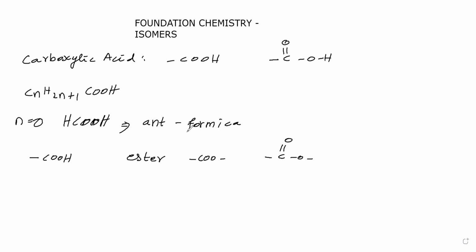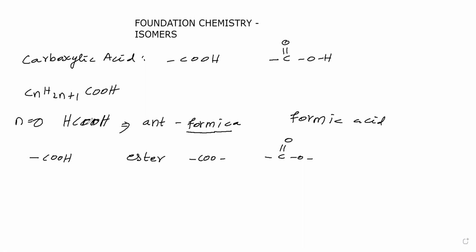From Formica we take form, then we include ic acid. You take the complete formic and include acid, giving formic acid. This common name is formic acid because it is present in the saliva of ants.